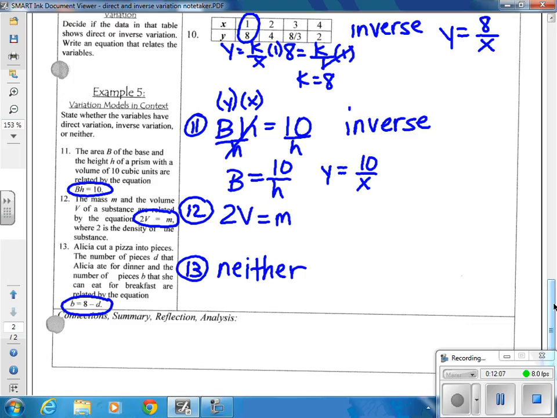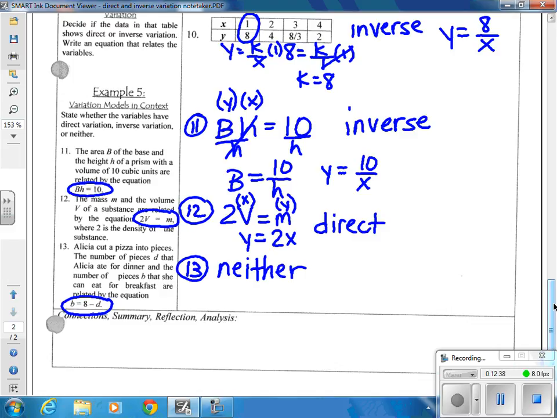So if we think of our volume as our X and our mass as our Y value, it is written as Y equals 2X. When it's written that way, you're pretty safe in telling the difference between inverse and direct. This obviously is going to be a direct because it looks very similar to that direct formula.